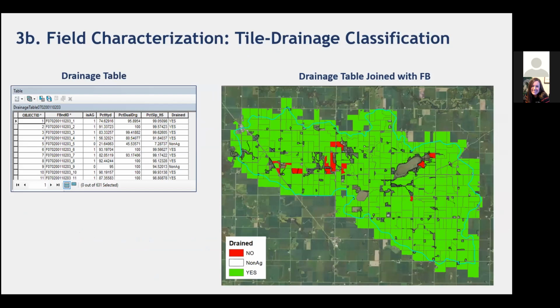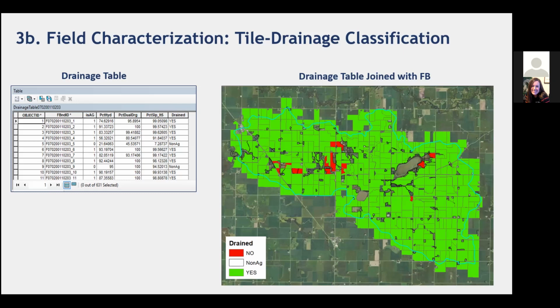We don't have the ability to determine if there are tiles underneath the field from elevation data sets. This just suggests those fields that may be drained, given the conditions where tiles are usually located.